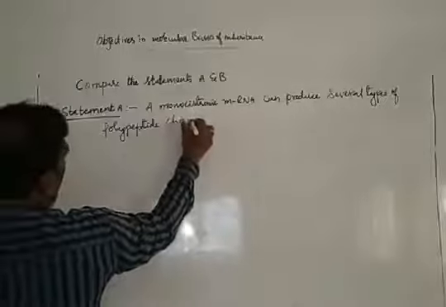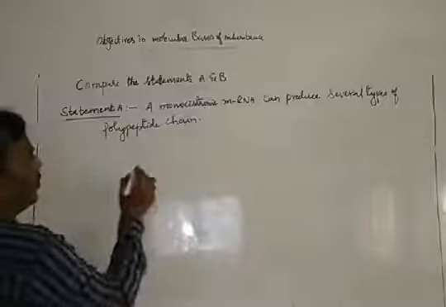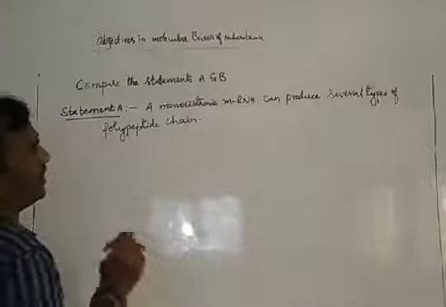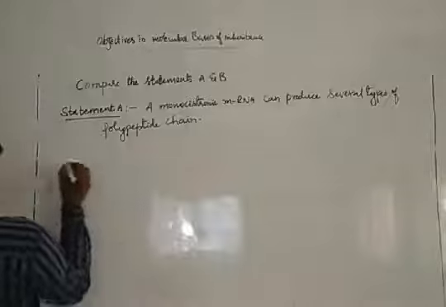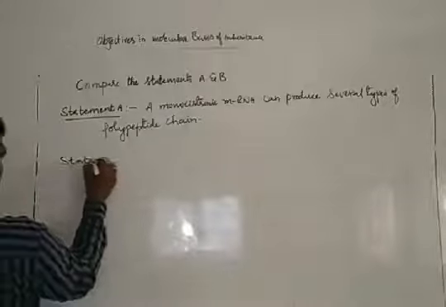So, a monocistronic mRNA can produce several types of polypeptide chains. Statement B.